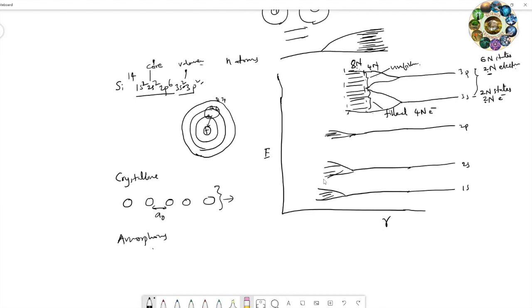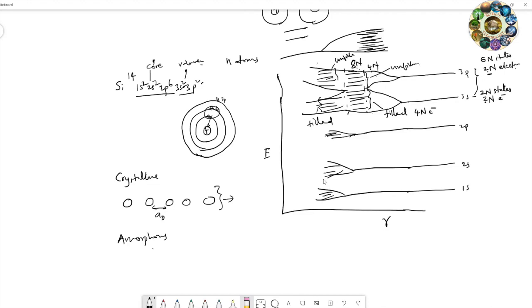As the atoms come closer and closer, these filled and unfilled states are separated. These are all filled and these are unfilled.